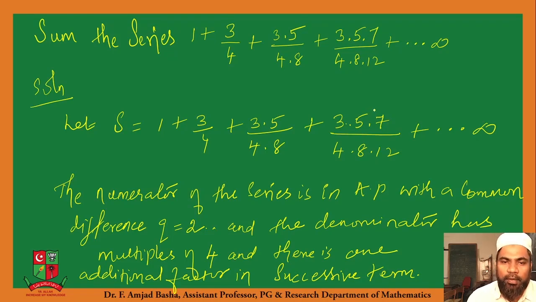There are some problems in which the given series may not be in the standard form of binomial. In that case, what you need to do is check which term is missing. In some problems, only the first term will be missing. In some problems, the first and second terms will be missing.